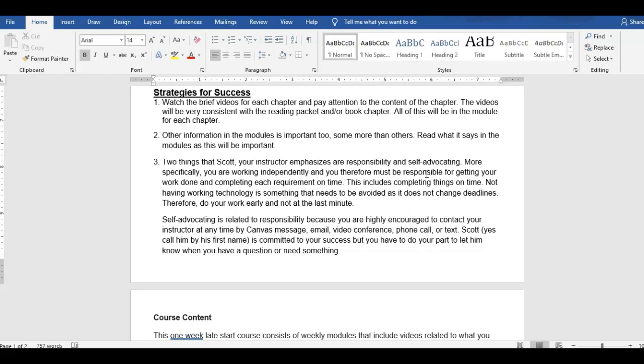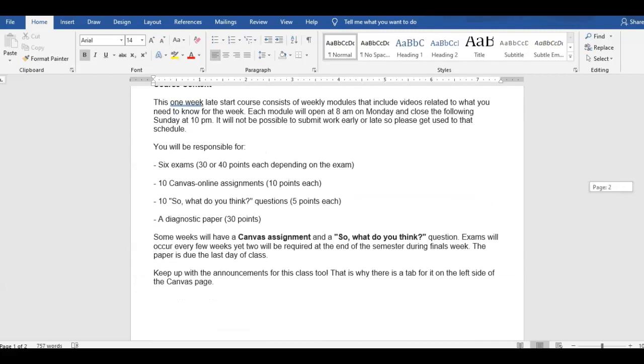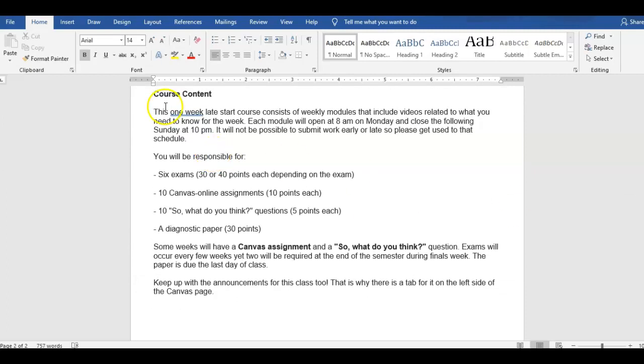Don't wait till the last minute. That is not recommended. Self-advocating, being responsible for asking for help, getting tutoring, going to the writing center or accessing them online, getting assistance with anything you need. There are so many ways that we can help you on campus, even if we're not on campus together.